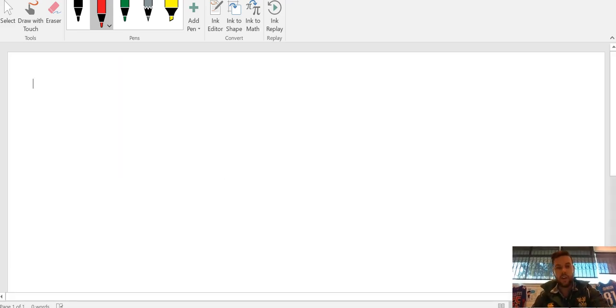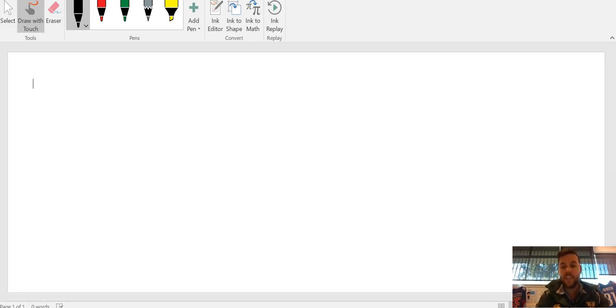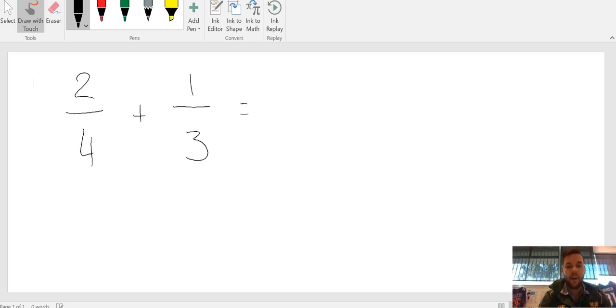All right, these are the tricky ones though. If we get given fractions that have different denominators, that is the tricky section. So if I go 2/4 plus 1/3, we cannot actually add that together yet. The reason why is because the denominators, as I said, are not the same.